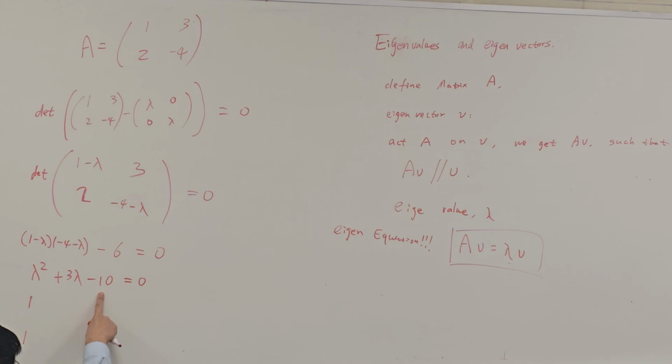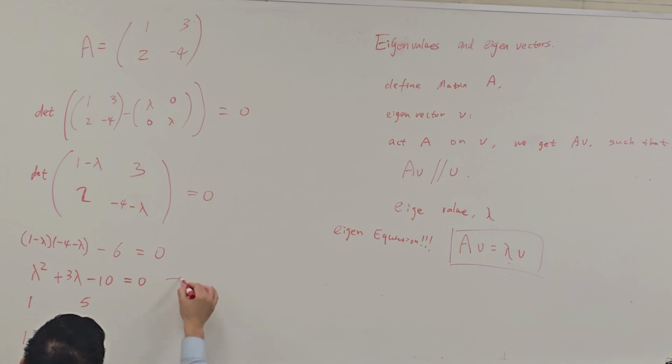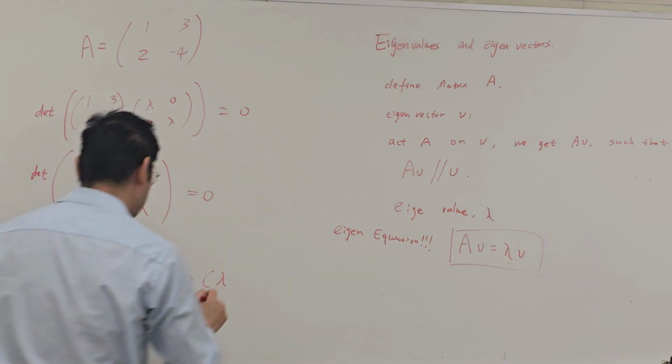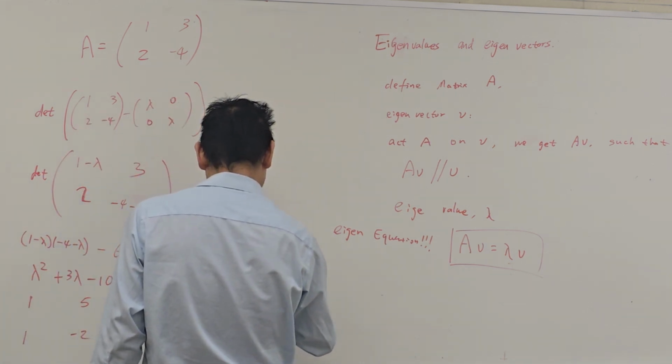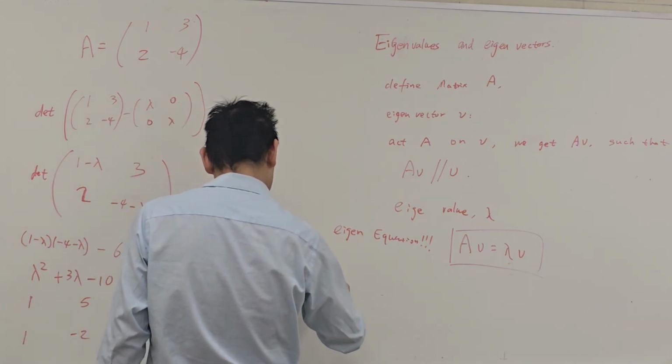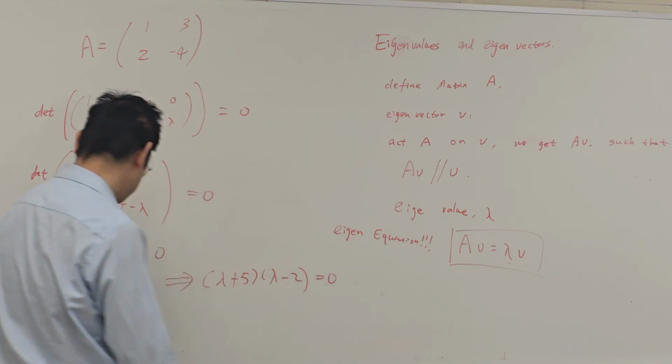So I bet it's 5 times 2. Yeah, 5 minus 2 will give me 3 here. So you can rewrite this equation as lambda plus 5 times lambda minus 2 equals 0.